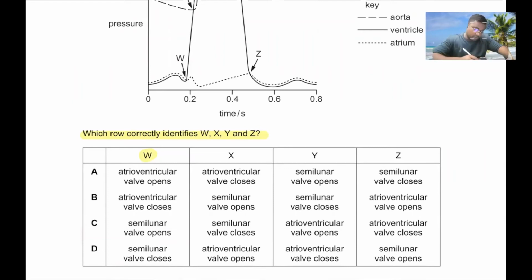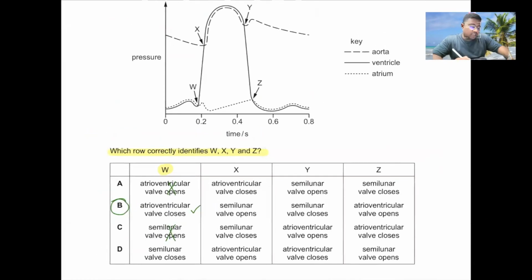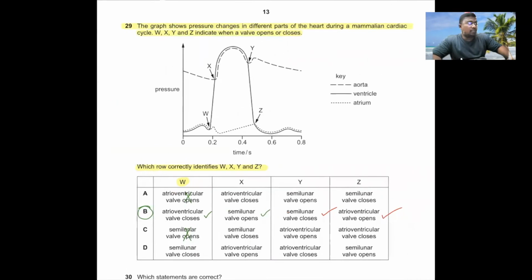So atrioventricular valve opens, semilunar valve opens. These are going to be cancelled. Atrioventricular valve closes. B is the correct answer. And let's check the other ones. At X, semilunar valve opens, correct? All right. At Y, semilunar valve closes. At Z, atrioventricular valve opens. So question number 29, B is the correct answer.